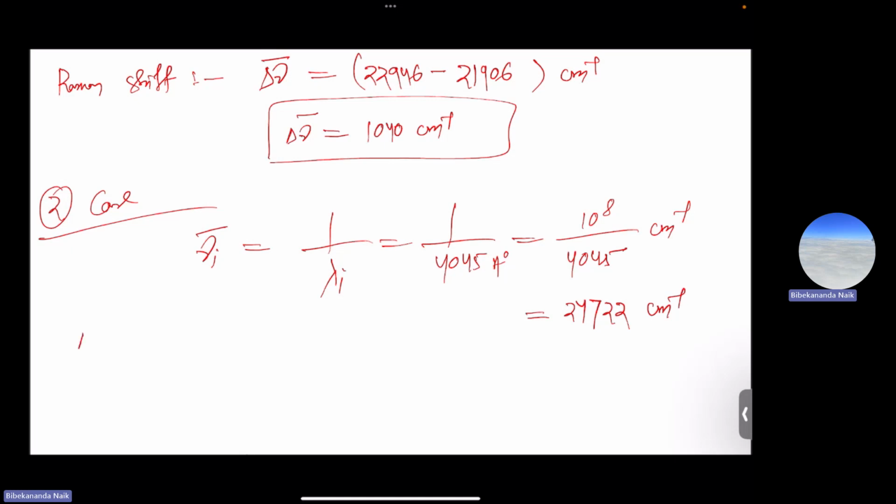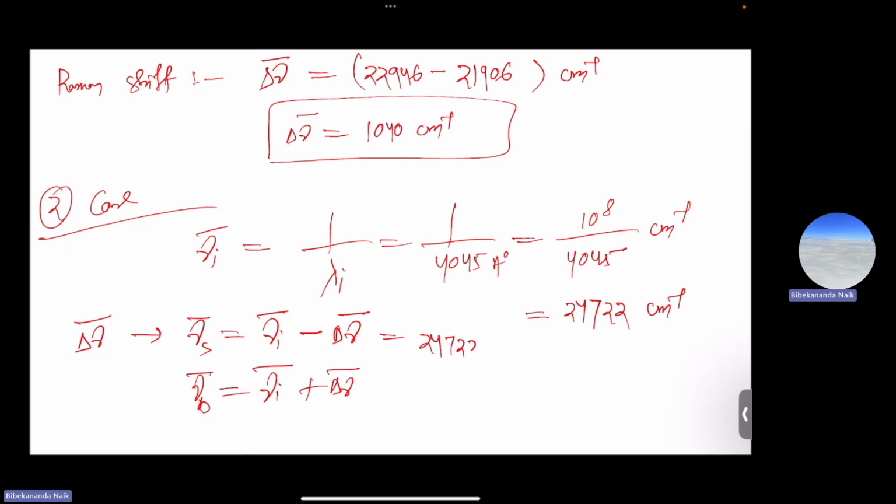Now, the delta nu we know, then Stokes line will be nu I minus delta nu bar, and anti-Stokes line will be nu I plus delta nu bar. So it will be 24,722 minus or plus 1040 centimeter inverse.